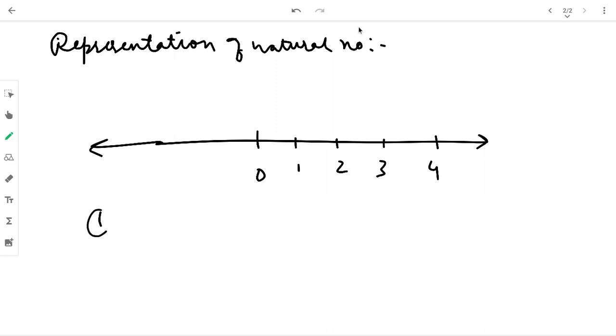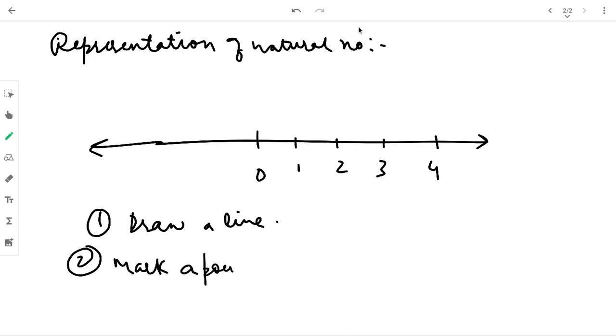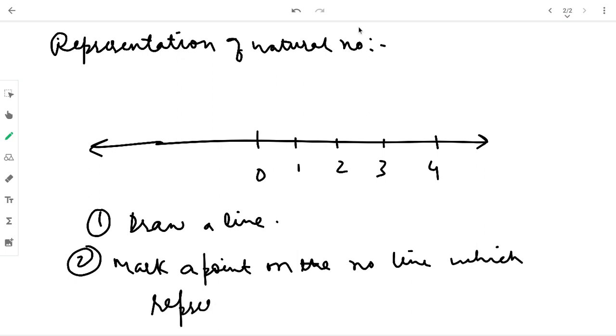So first draw a line. Second step is to mark a point on the number line which represents 0.